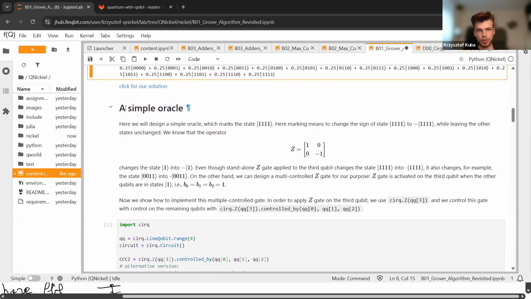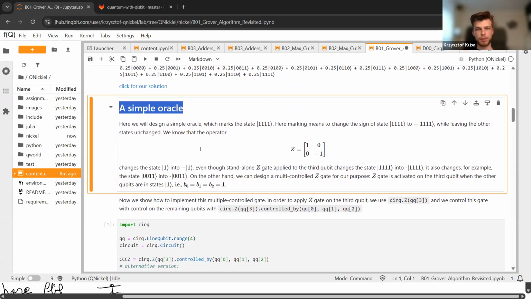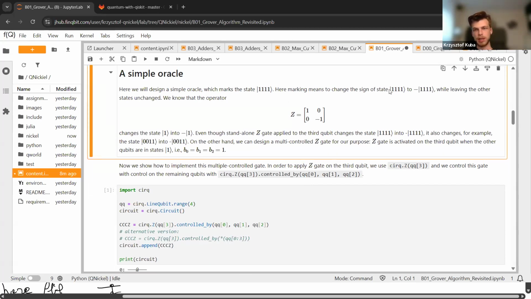Yeah, so now we're going to implement the simple oracle, and as I said before, we would like to mark the state 1111, and we can do this by applying a multiple controlled CNOT gate. And there's an explanation here that says this should flip the sign of this 111 state to -111, leaving the others unchanged.